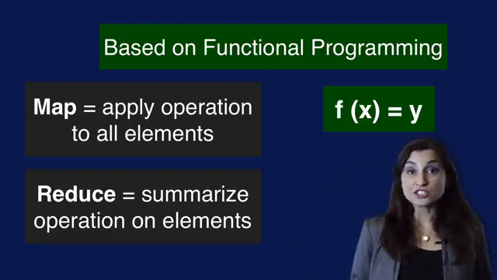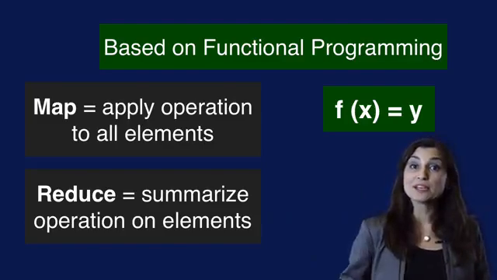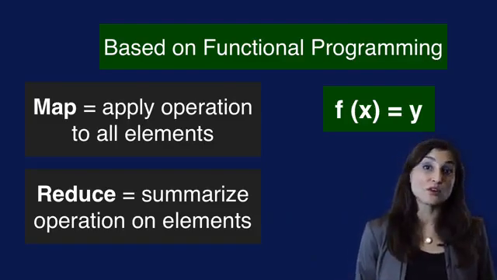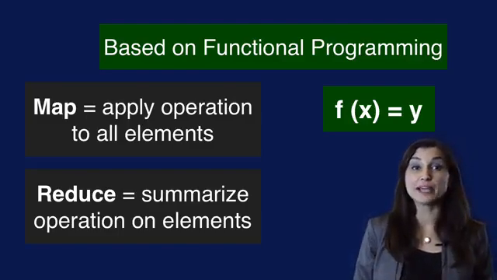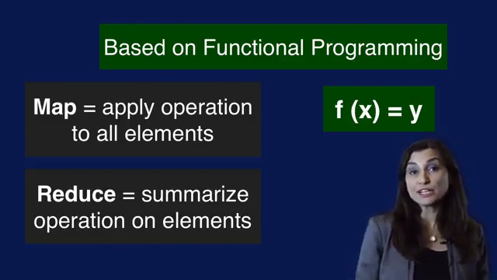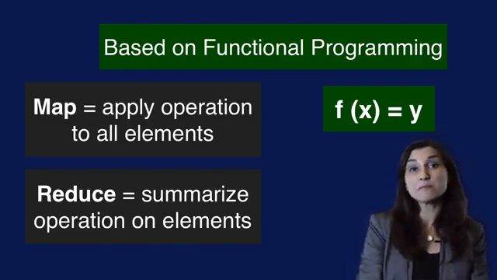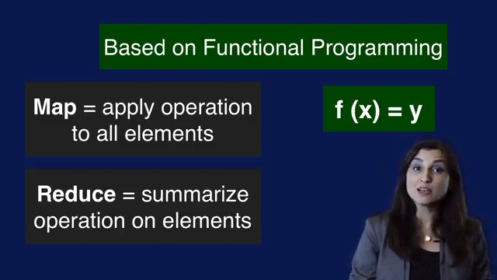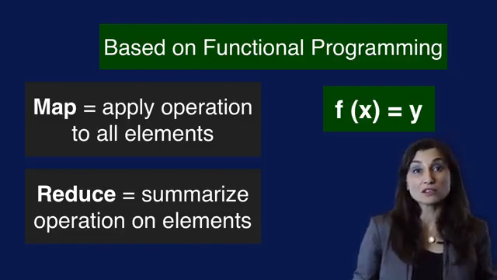You provide a function or operation for map and reduce, and the runtime executes it over the data. For map, the operation is applied on each data element, and in reduce, the operation summarizes elements in some manner. An example using map and reduce will make these concepts more clear.